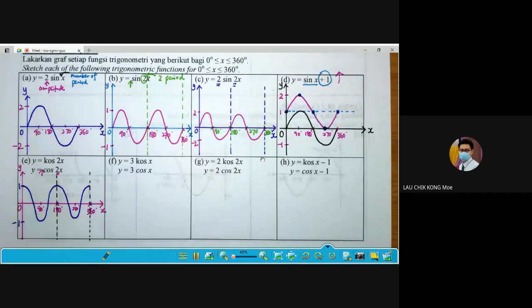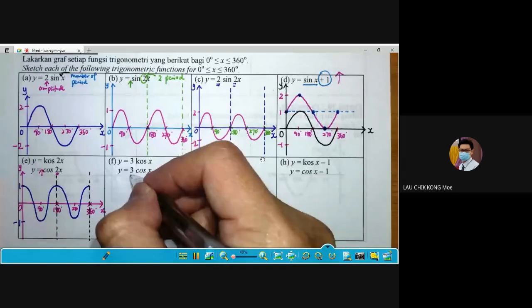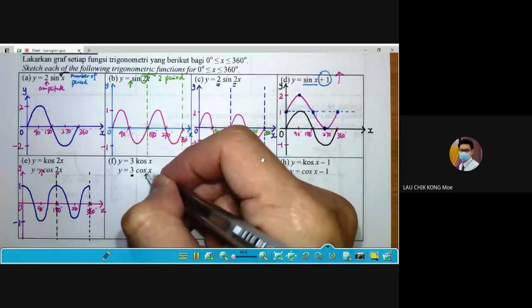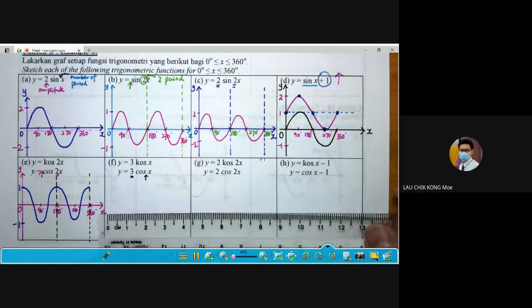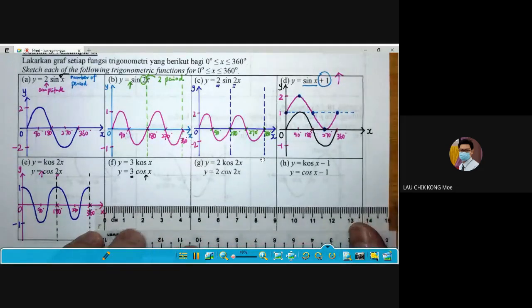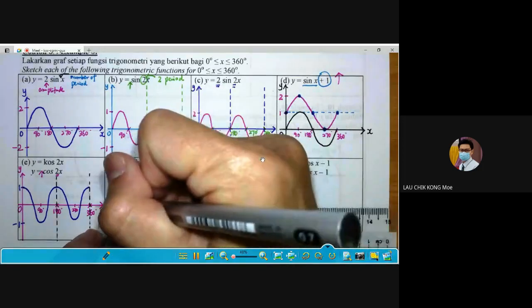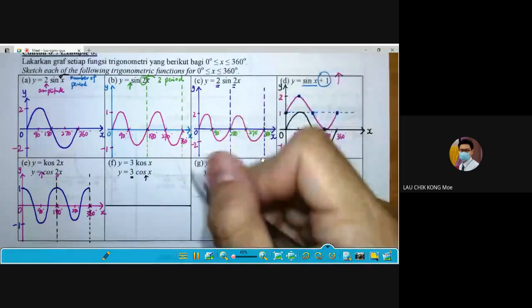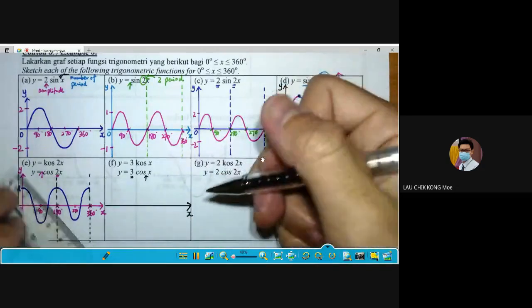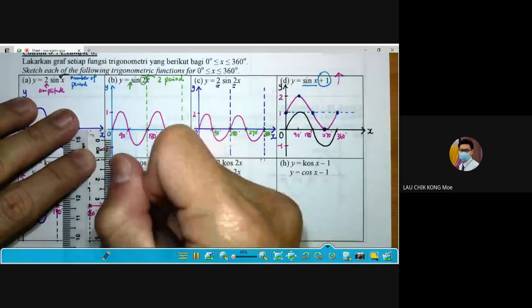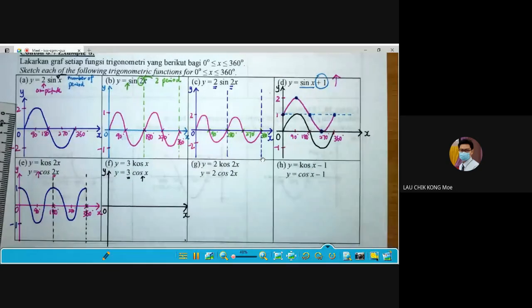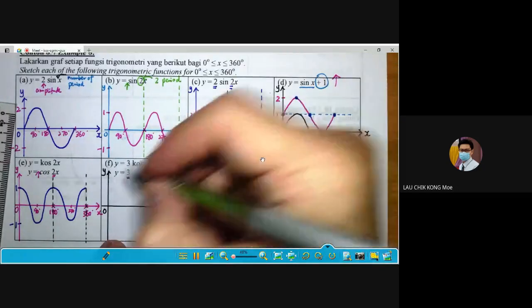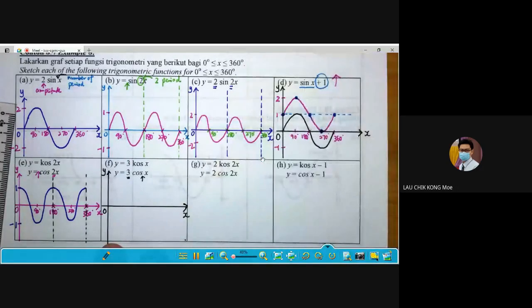Next, F, y equals 3 cos x. 3 is the amplitude, but the number of periods is only 1. Same as the graph above, we only have 1 period, which is easier for us. We just draw the x and y axis carefully. You need to remember cos starts from 1.